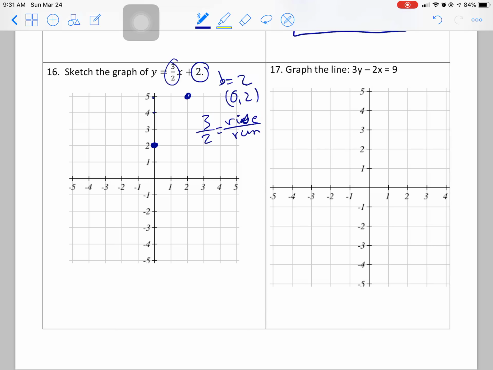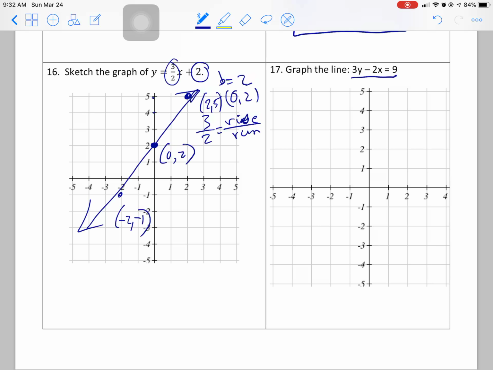Up 3 over 2, same as down and back. Positive slope when I'm done. Okay, sketch a graph. So that's my 0, 2. That's my negative 2, negative 1. This one right here is what? 2, 5. Done.